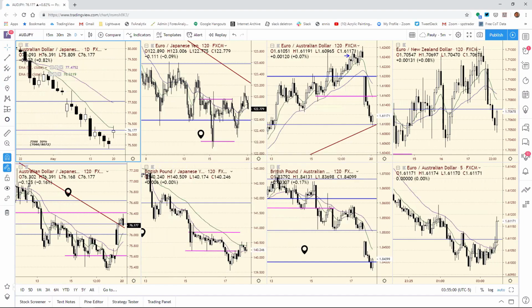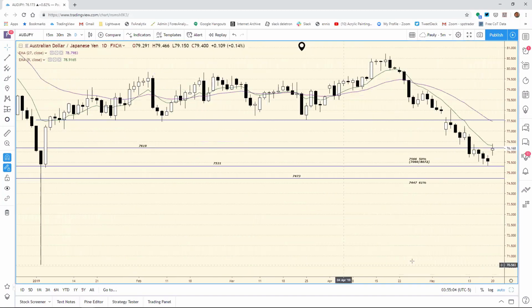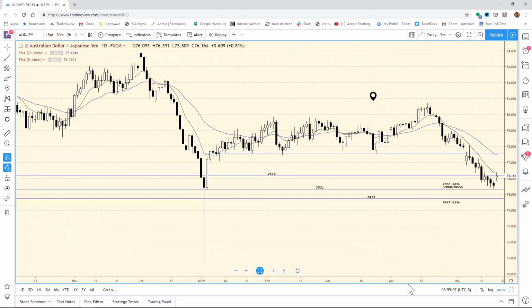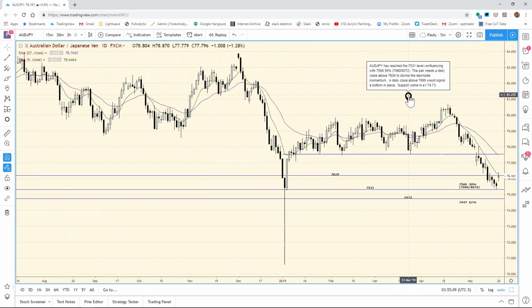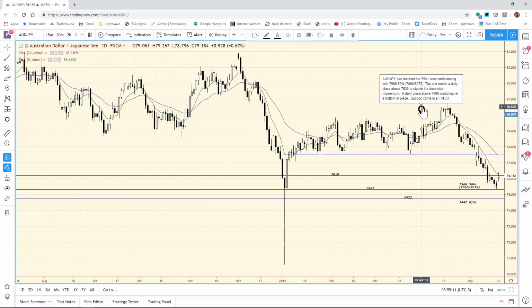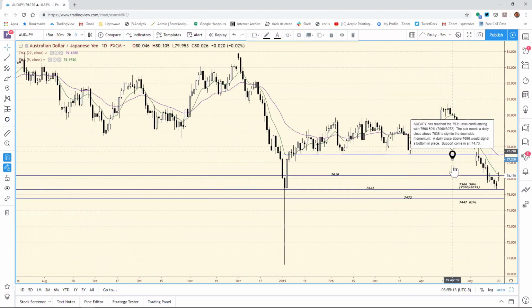And on to the Aussie yen. Sorry about that.